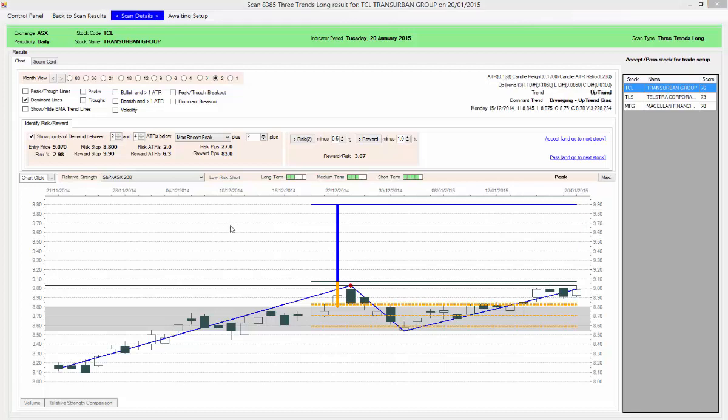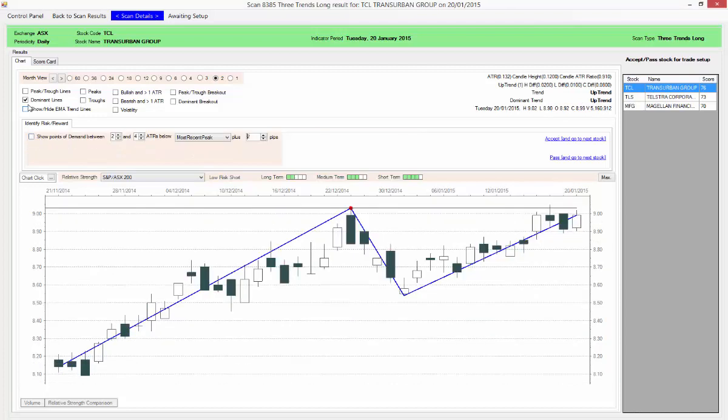Now what I'd like to draw your attention to is some relative strength information that's shown on this chart. I'm just going to remove the indicators, and let's look at this line here. The relative strength, S&P ASX 200, the major index for the ASX, for this stock currently is in a situation where it's a low risk short market.